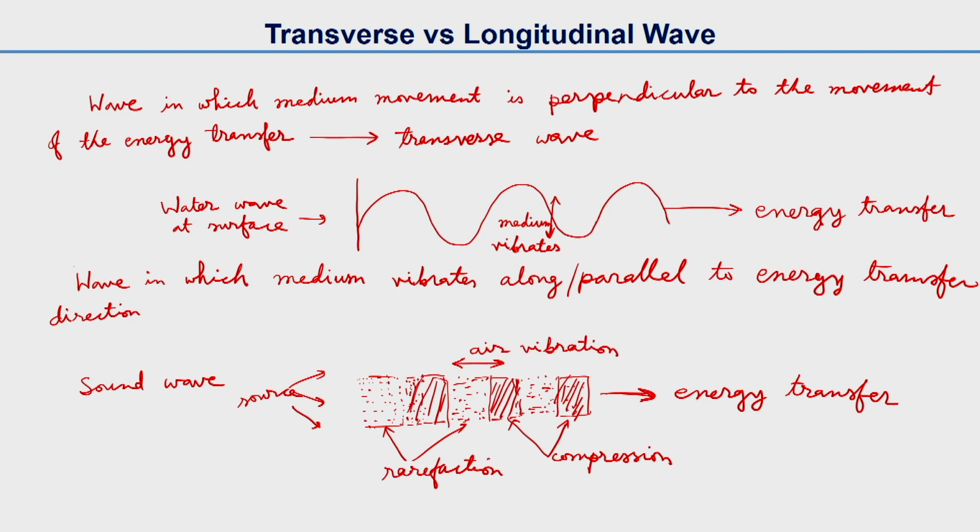So later we will demonstrate these transverse and longitudinal waves with the help of a spring that we will discuss soon. Okay, so let us discuss about different mechanical waves and electromagnetic waves.